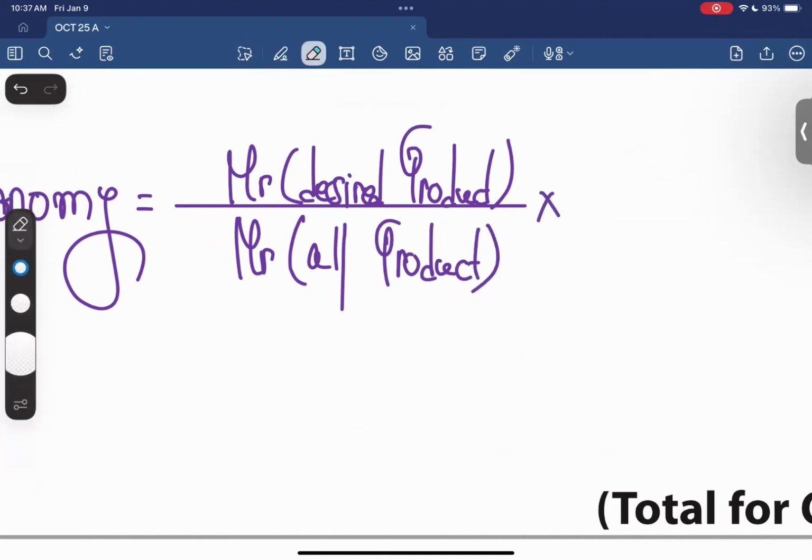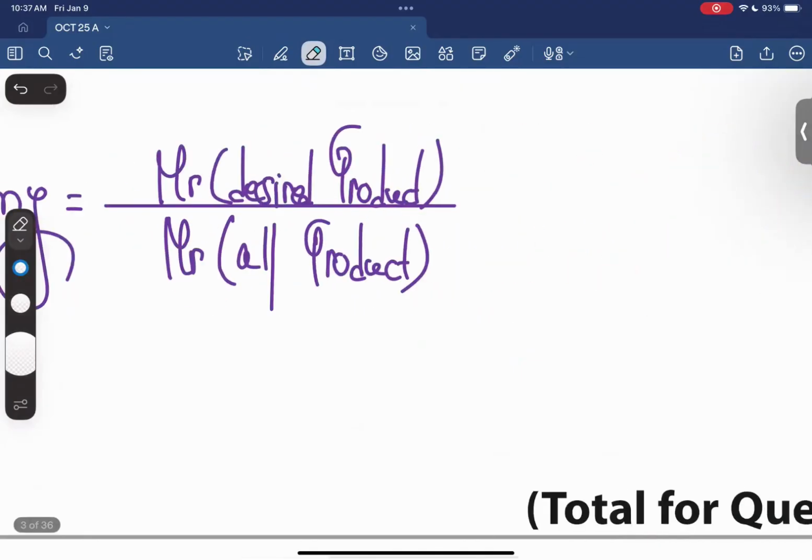Oh, you do not have to multiply this value by 100. Okay, so this is the formula of atom economy, right?